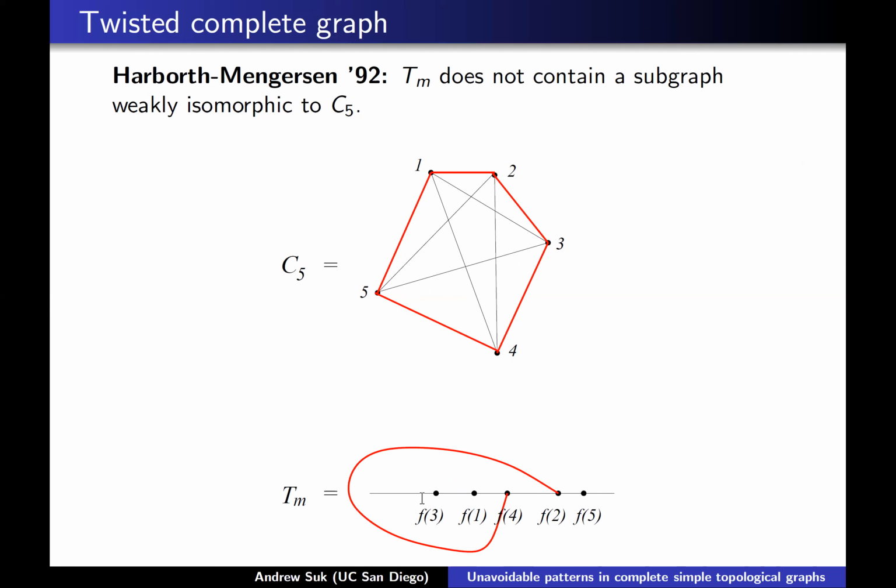But then the edge F3, F5 will cross it, and we know that because the interval F4, F2 and the interval F3, F5 are nested. So this red edge doesn't have the property that it doesn't cross any of the other edges, and therefore we get a contradiction. So the complete twisted graph won't contain C5.